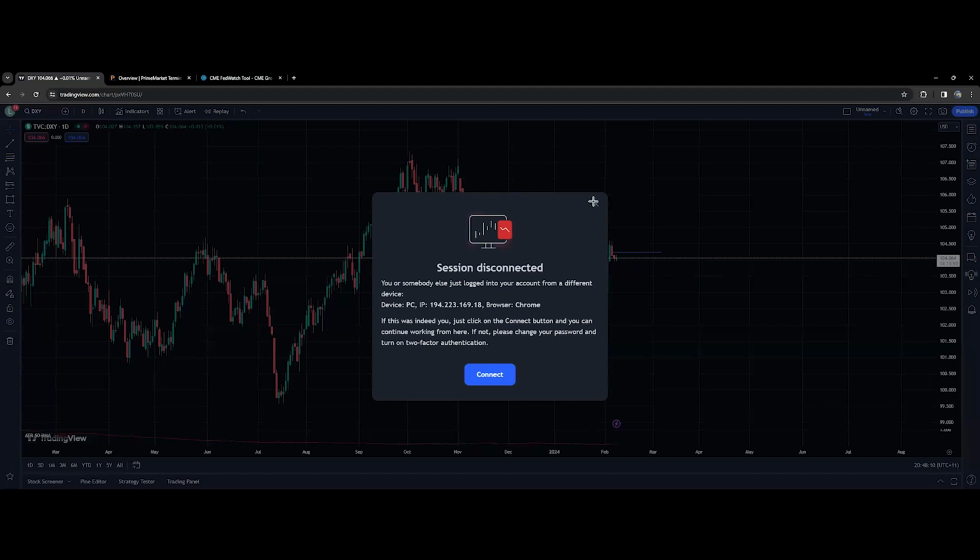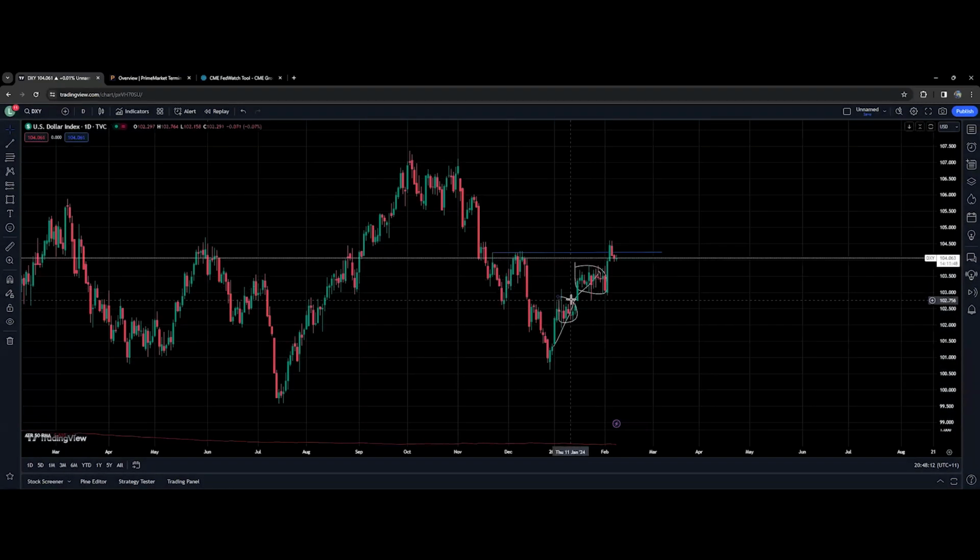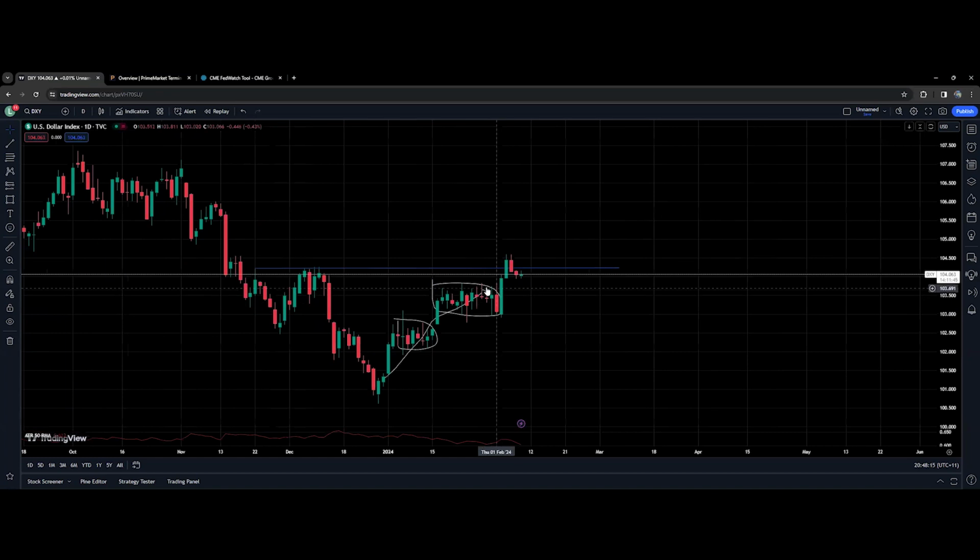But you can't look at a chart and say, okay, this price broke that, so this will happen. No, I'm looking to the macro first to know my direction, and then I use technical analysis just to refine an entry point.